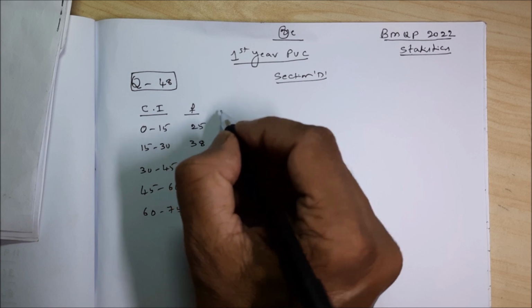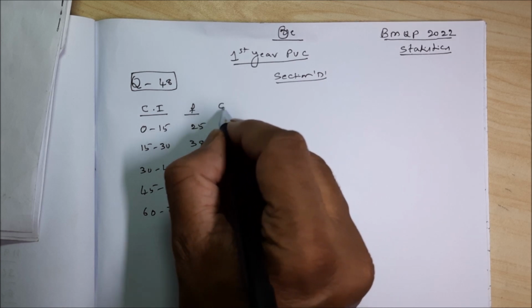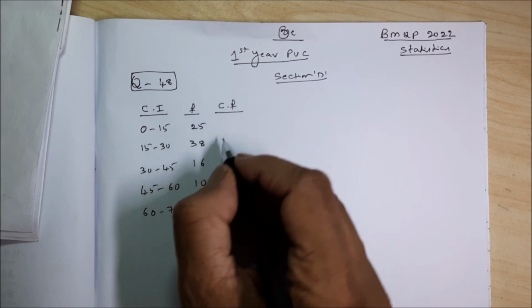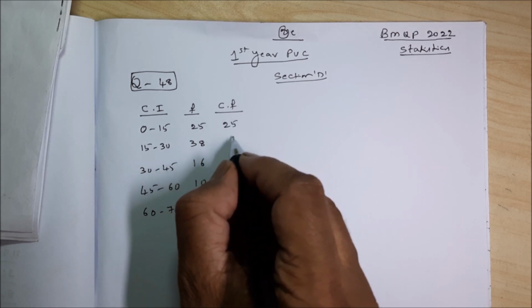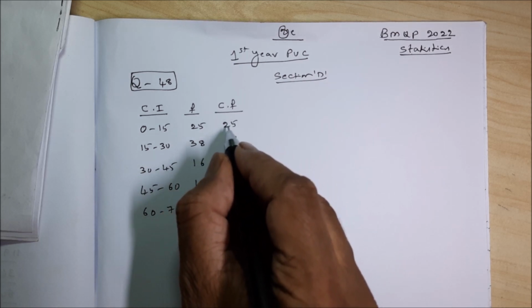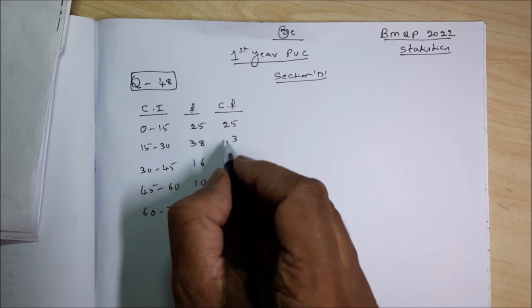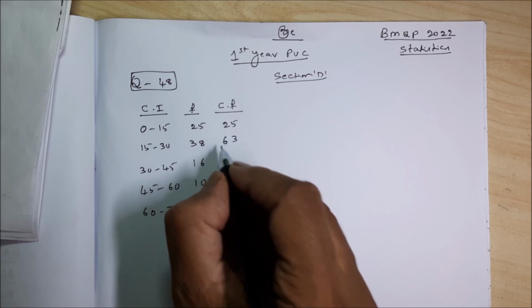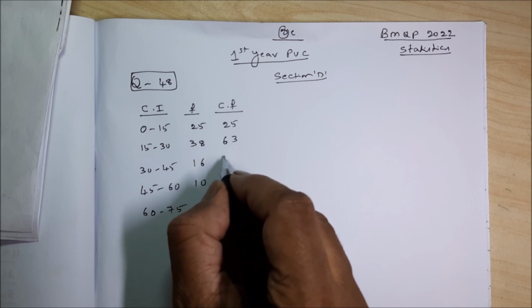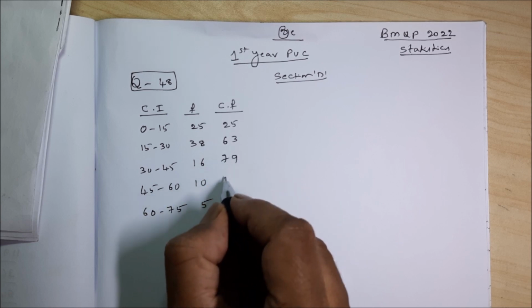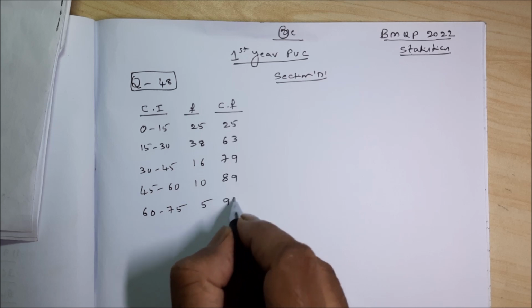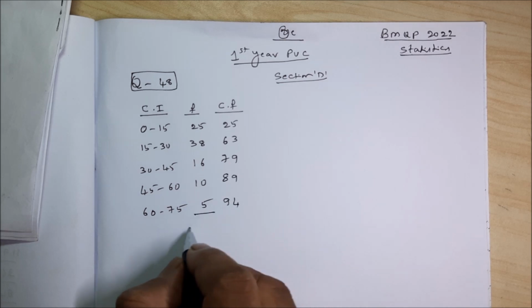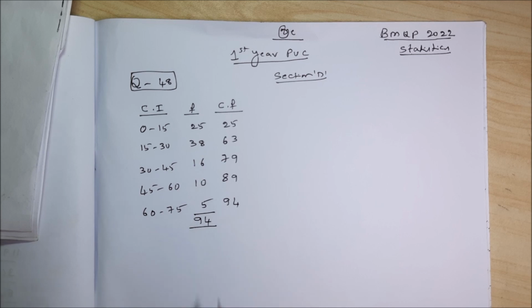So always when it is a positional average, go for cumulative frequency immediately. 25 plus 38, 63. 63 plus 16 is 79, 89, then 94. So total of the frequency is 94.